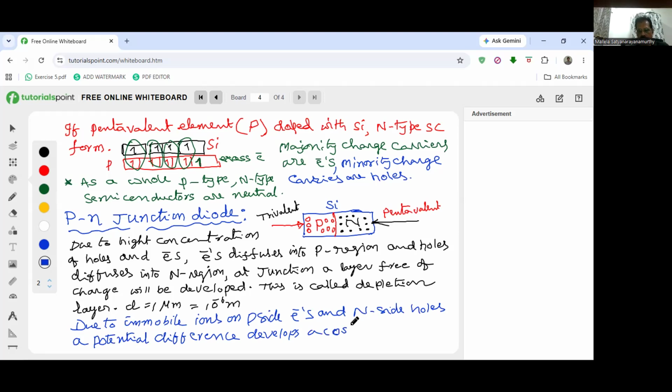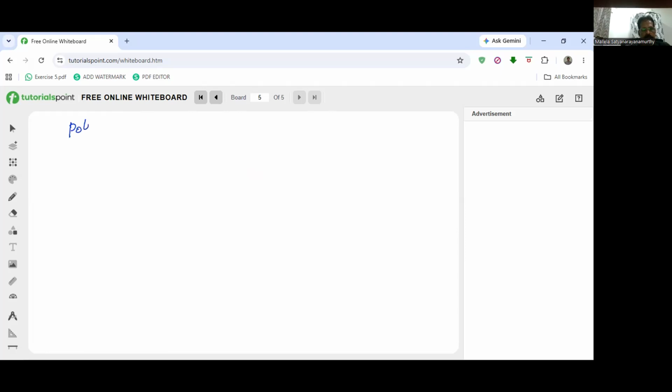A potential difference developed across the junction is called a potential barrier.